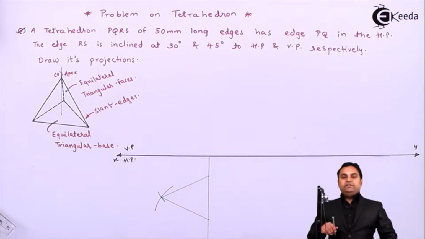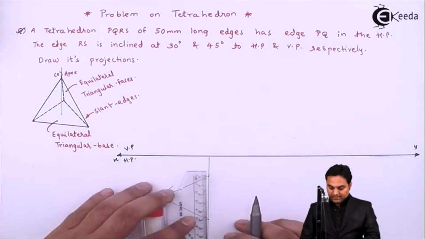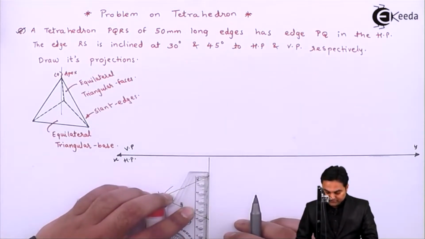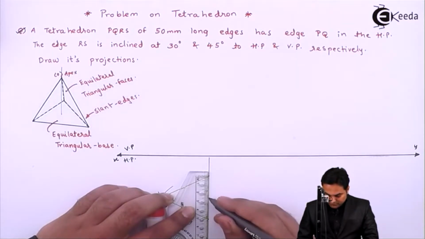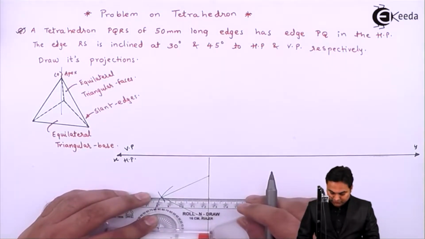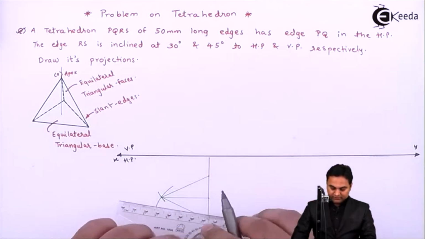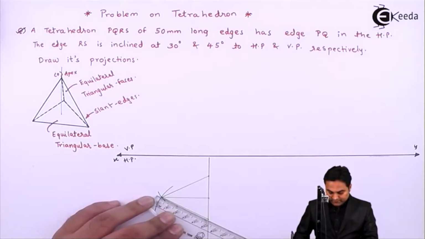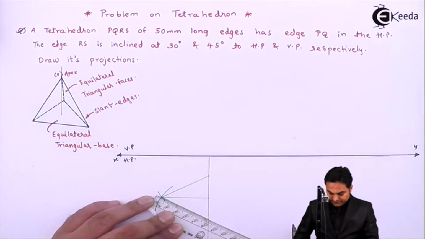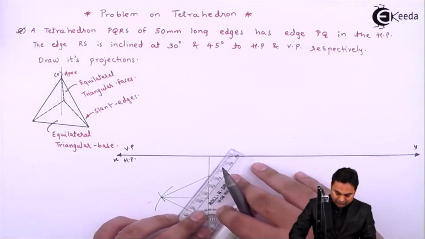Then here I'll find the apex. Apex will be located exactly at the center. For that, I'll have to take the midpoint of this side, which is 50 mm. Half of that, that is 25. Joining it with this opposite corner. Next, I can take any of the sides and again take the midpoint of that and joining it to the opposite corner.